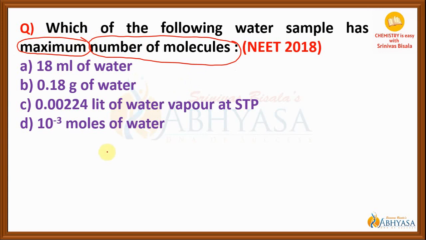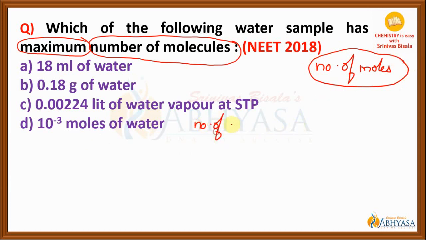As explained in the previous videos, in order to compare the number of molecules in different samples of the same compound, instead of calculating the exact number of molecules, we need to always calculate the number of moles, because the one which has more moles will always have more molecules, isn't it?